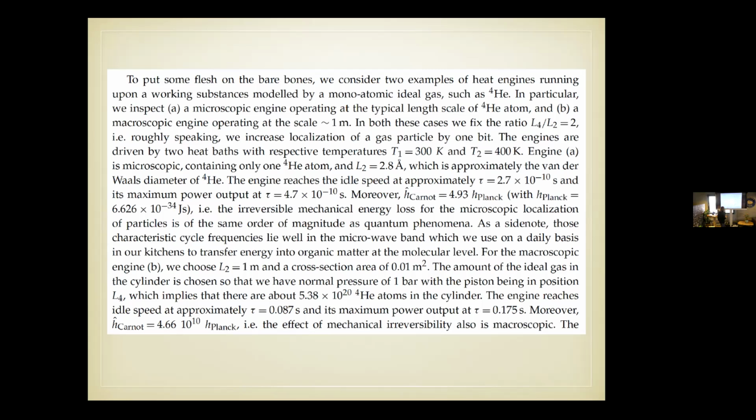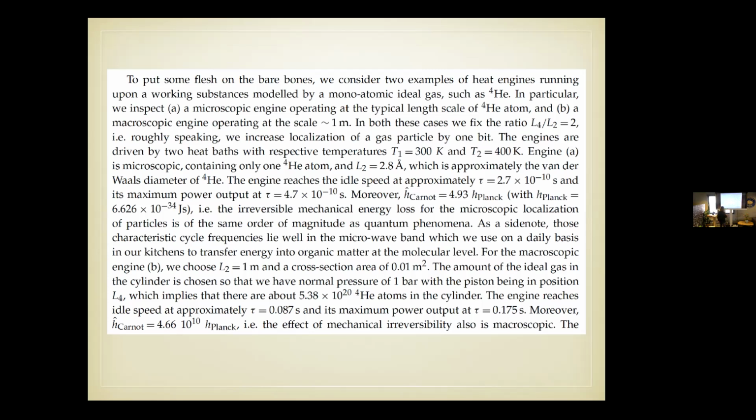And for the macroscopic machine, however, where are we? 1 meter piston, 10 square centimeters piston surface. Under normal pressure, we have 5 times 10 to the power 20 helium atoms in such a piston.